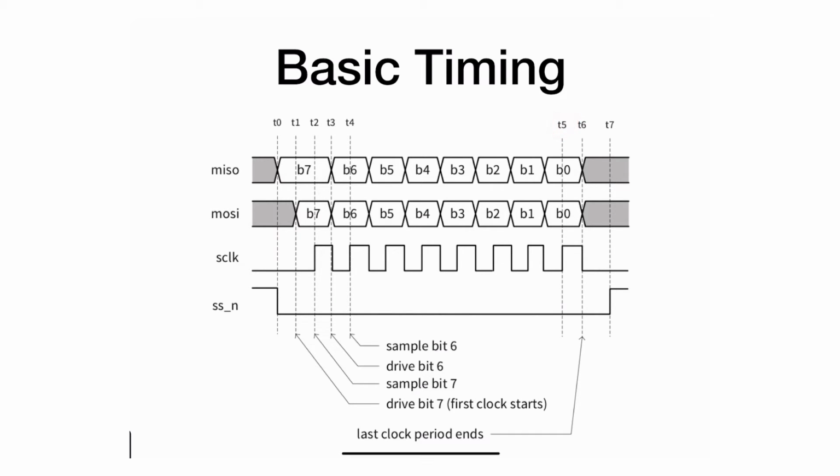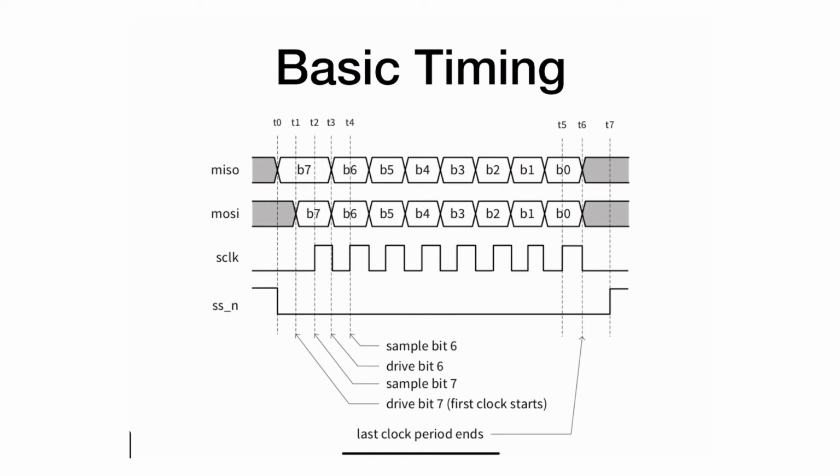We're sending the most significant bit first, and this is not defined by the standard. You can send the most significant or the least significant bit first, based on the peripheral, the slave you're communicating with. After you're done, you wait for a certain period of time, and at T6 the clock has ended, and that's pretty much it.